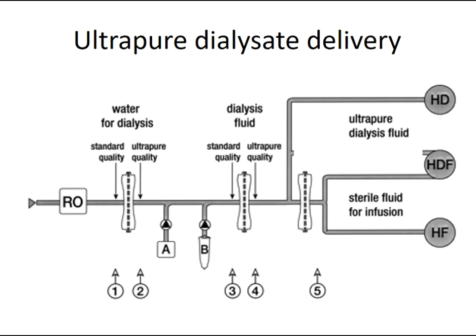Purification of the inflowing dialysate system to produce an ultra-pure dialysate is essential when treating patients with high flux dialysis, and we have to ensure a sterile dialysate when we are using hemodiafiltration therapy.